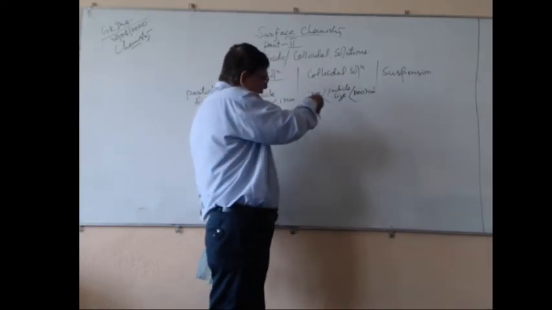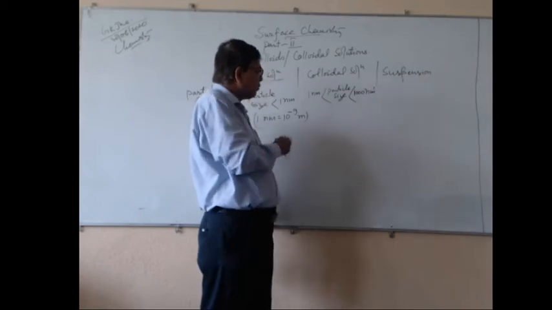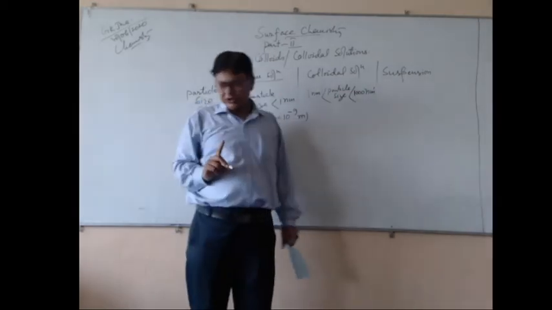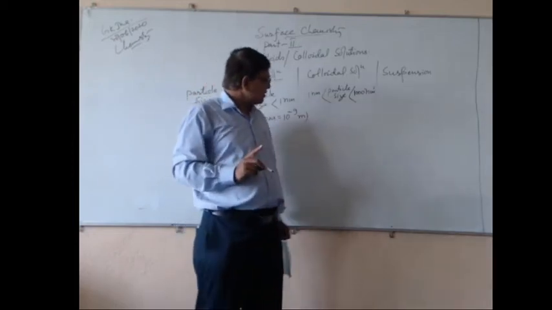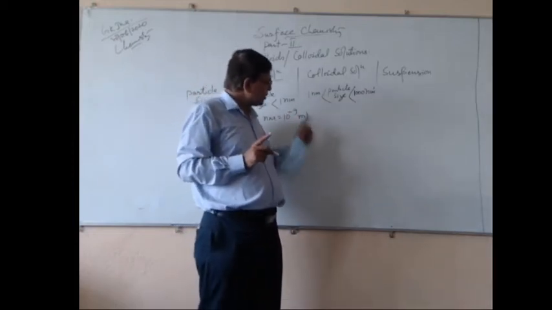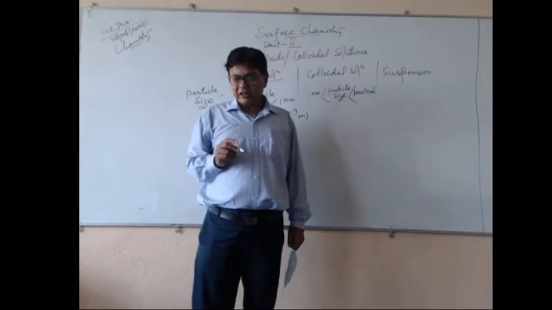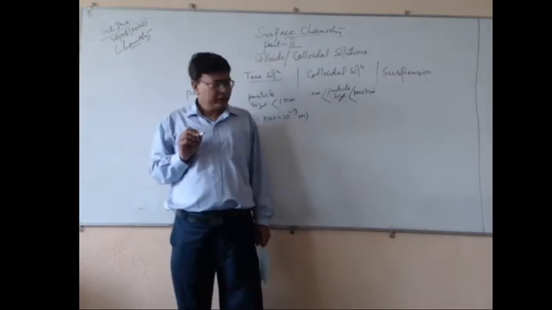So particle size falls in between 1 nanometer and 1000 nanometer. Particle size is larger than 1 nanometer but smaller than 1000 nanometer.